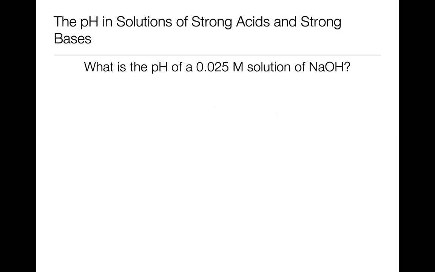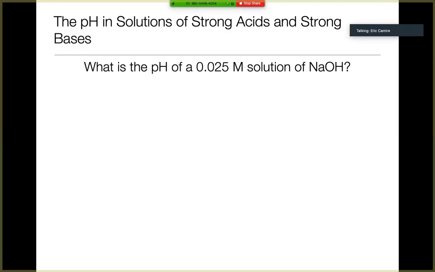So this one's a little bit more tricky. I'm going to give you about 2 minutes to do this. Apply the same assumption. You can use an ice table if you want. My last class tried that. It took a long time to do because it takes a lot to write out. But apply a similar assumption that we did with strong acid. Sodium hydroxide is a strong base.